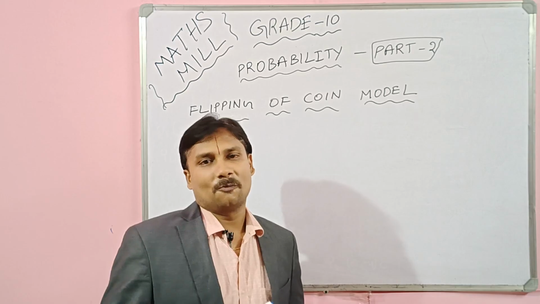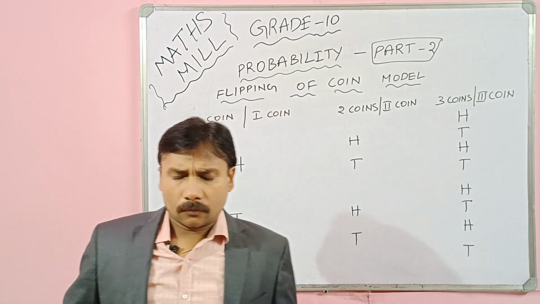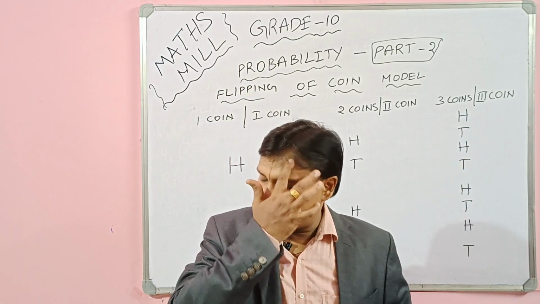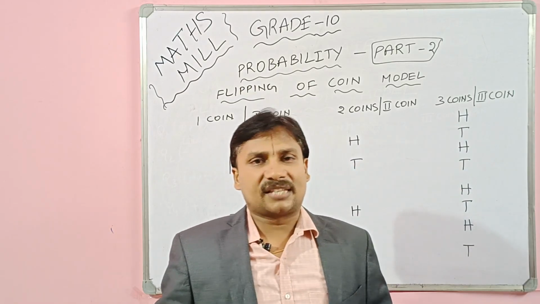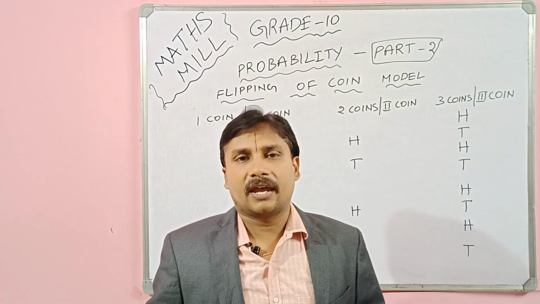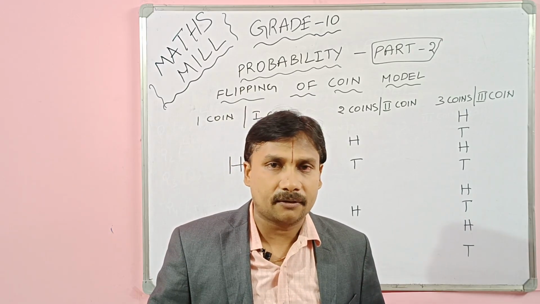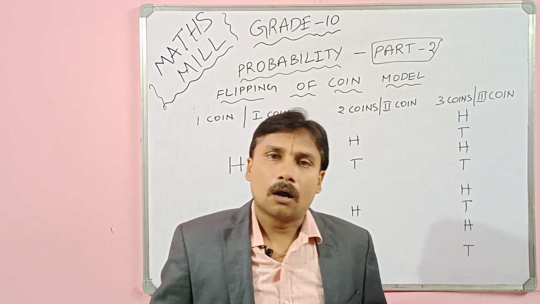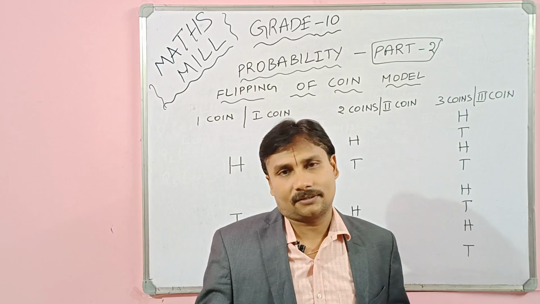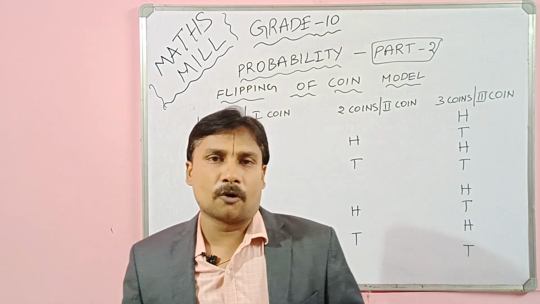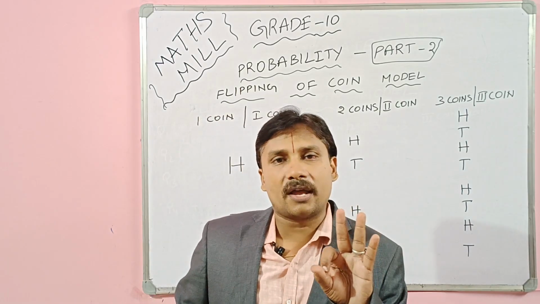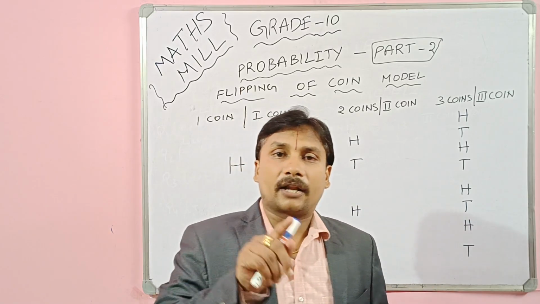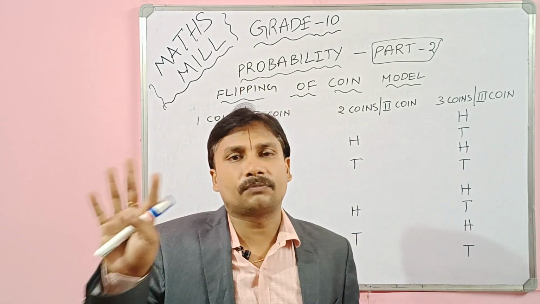Okay, then follow me. In the model of flipping coin sums, the sums may come like this: if we flip one coin, how many possible outcomes; or if we flip two coins at a time, what are the possible outcomes; or three coins at a time, what are the possible outcomes; or else one coin one time, two times, three times.